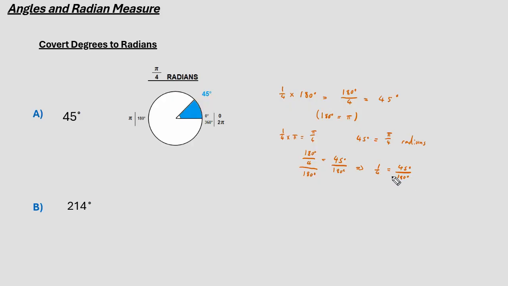So this shows that writing the angle we wish to convert from degrees to radians over 180 degrees gives us the fraction we need to multiply pi by to give us the radian value. So if we have an angle in degrees, then the radian value can be found by doing the angle over 180 multiplied by pi.